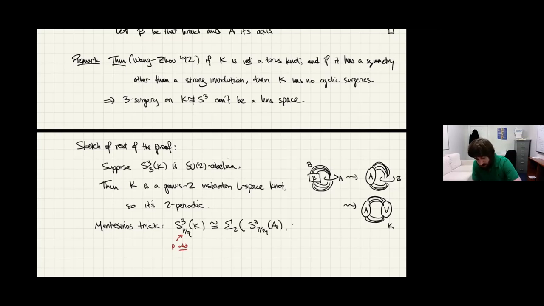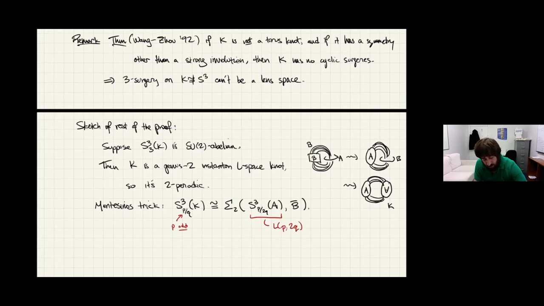We lift the knot B to that surgered manifold, so I write that B bar, and we take the branch double cover of that lift. And so what we have here is L(P,2Q), since A, the braid axis, is unknotted.